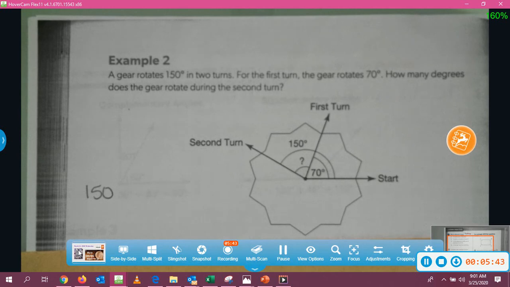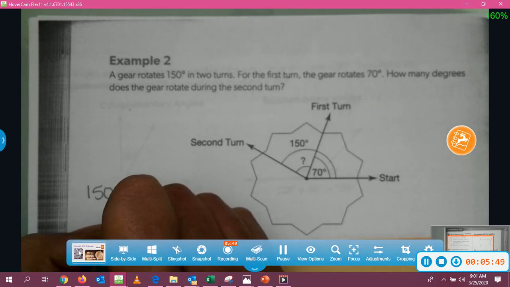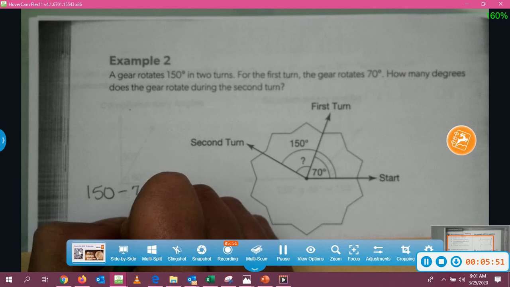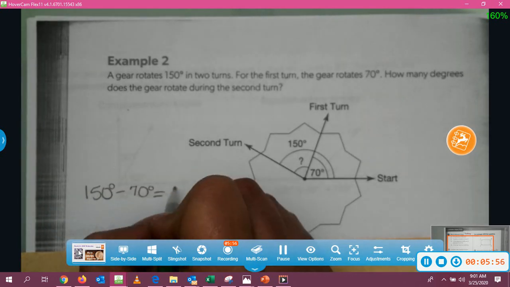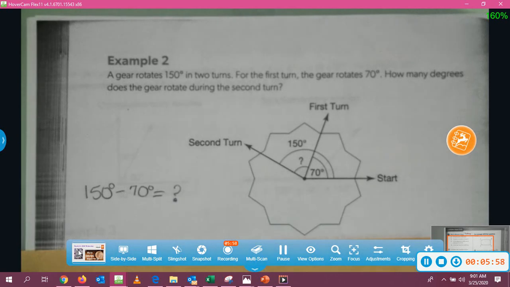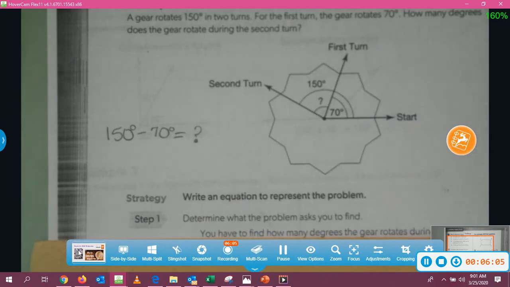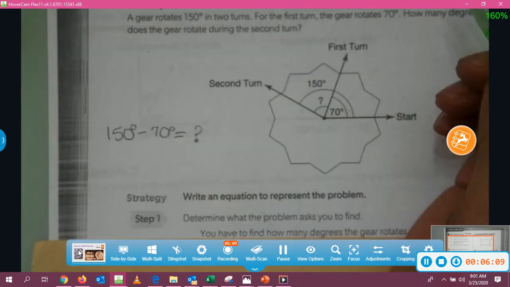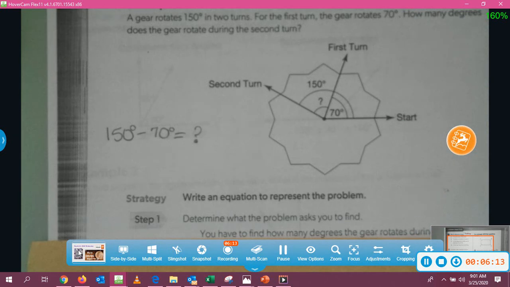We do, which is 70. So we're going to take 70 and subtract it from 150. And remember your degrees, which gives us the measure of the last angle. So does anybody know? Okay, let's just see if you're correct.